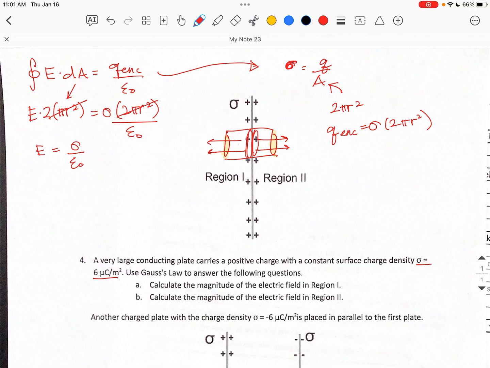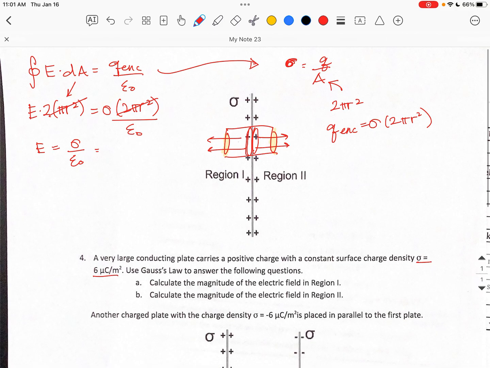When I plug in my values of 6 times 10 to the negative 6 over epsilon naught, which is 8.85 times 10 to the negative 12, I end up getting a numerical value of 6.78 times 10 to the 5th power, and that's newtons per coulomb.